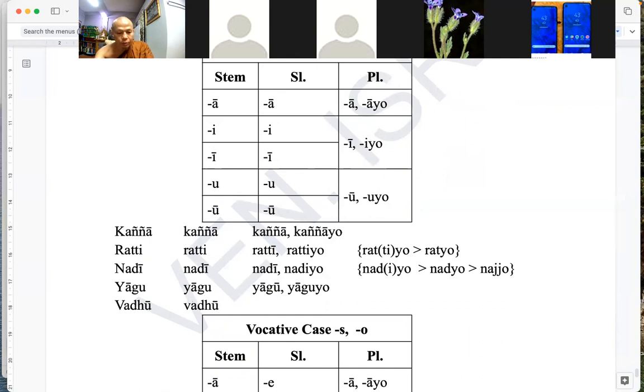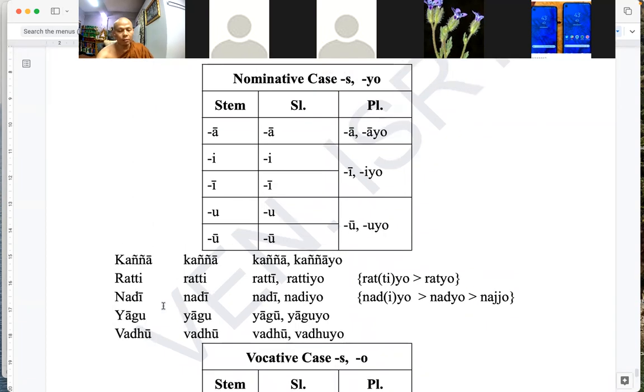That is wadu. For the plural first form also, wadu. But the other form, the long vowel becomes short, wadu, and then yo is added. So waduyo.